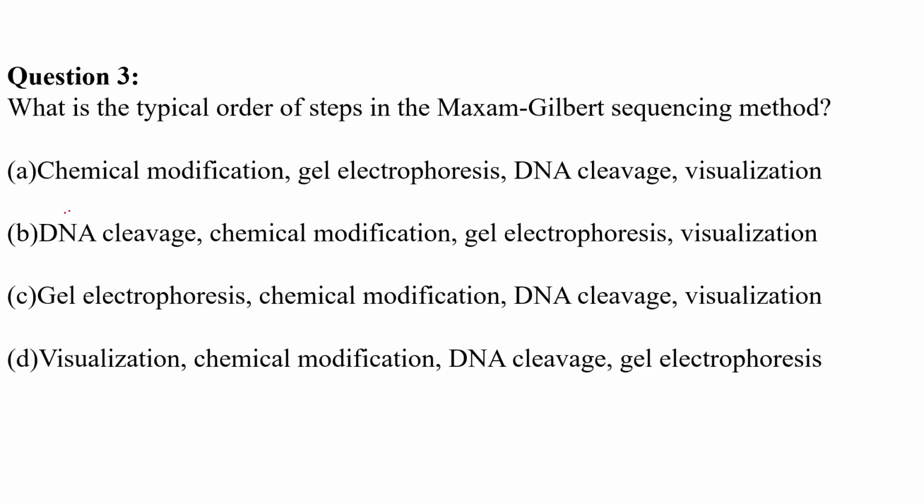The first step logically is DNA cleavage, then comes the chemical modification, then comes the gel electrophoresis where you separate different bands, and then comes the visualization, when you visualize the gel that has separated different fragments, and then you can do the analysis of the sequence. So this is the typical order of steps.